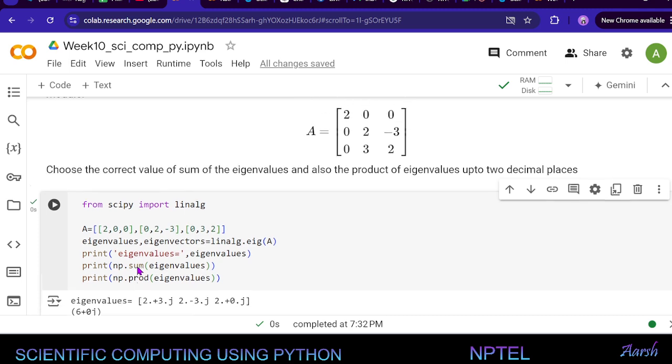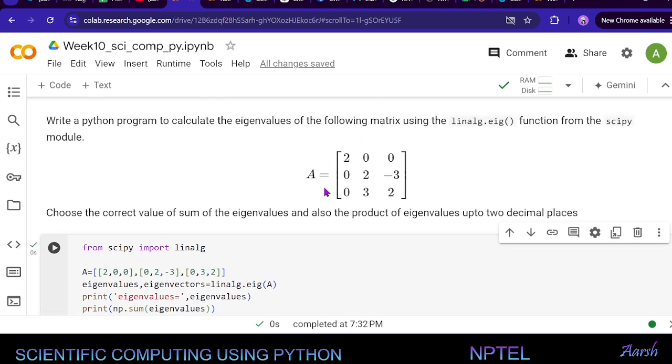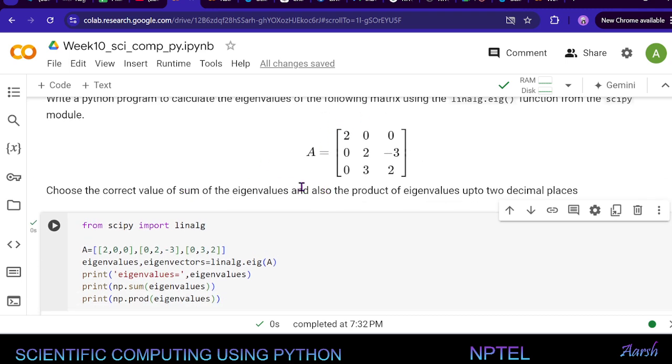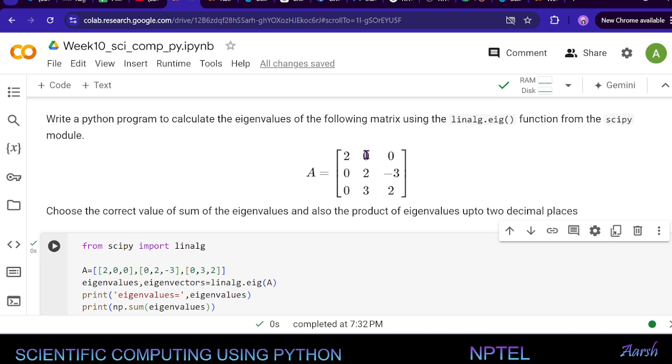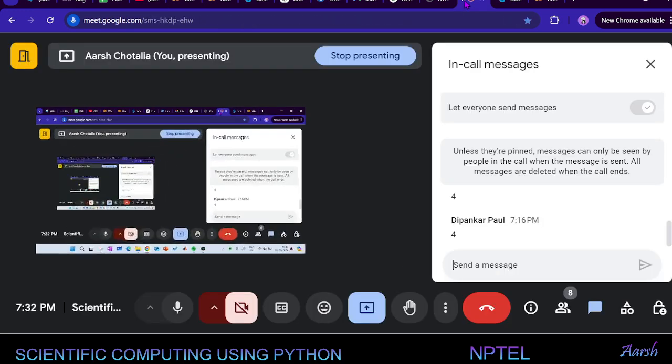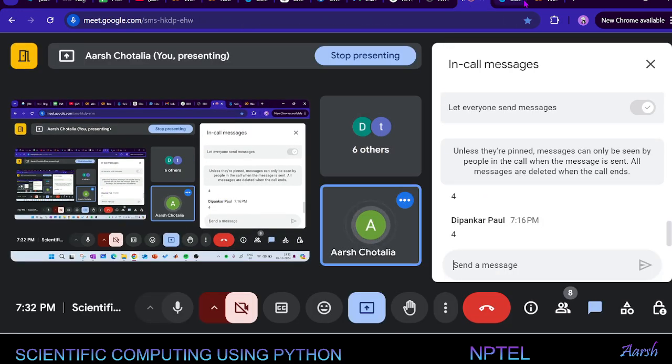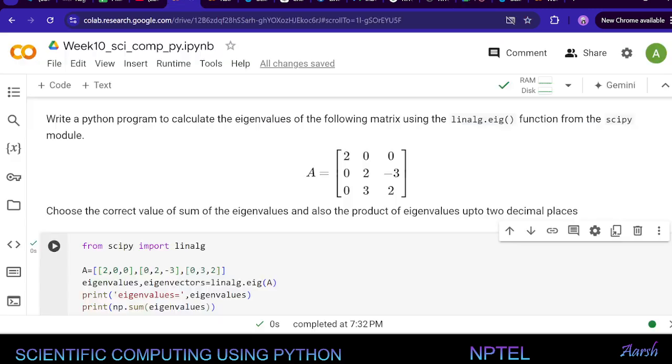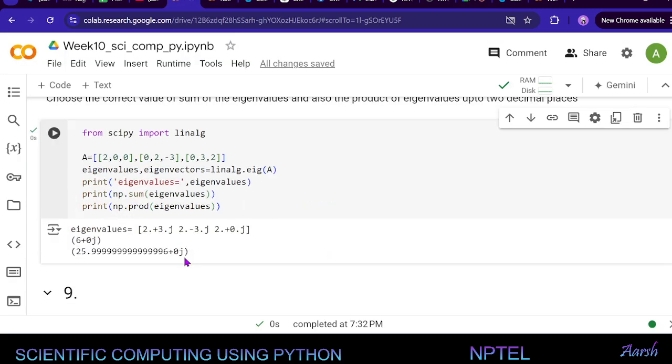Okay, and if you know the property of matrices, what's the sum of eigenvalues in terms of the elements of the matrix? Anyone? We can calculate the sum of eigenvalues without calculating the eigenvalues themselves, right? How do we do that? It's just the trace.